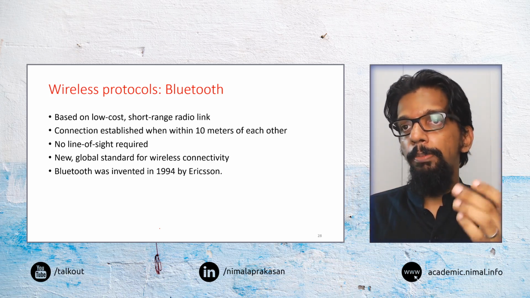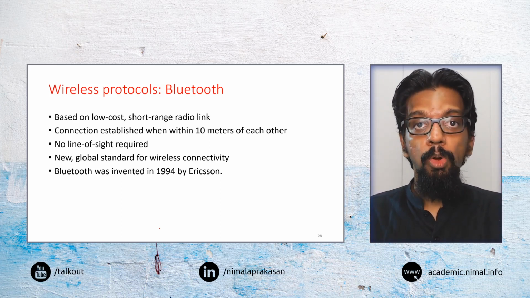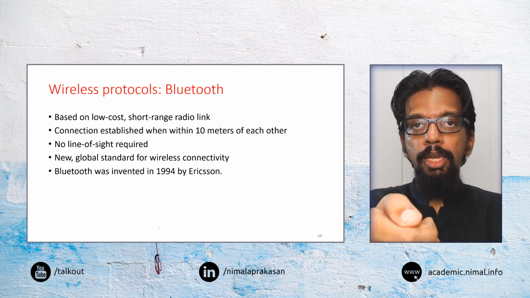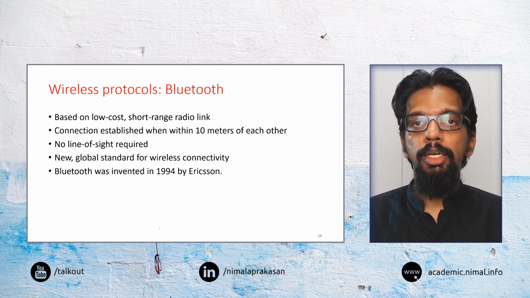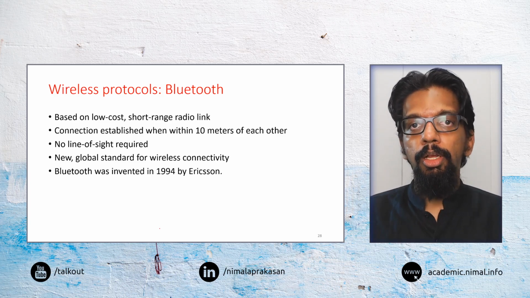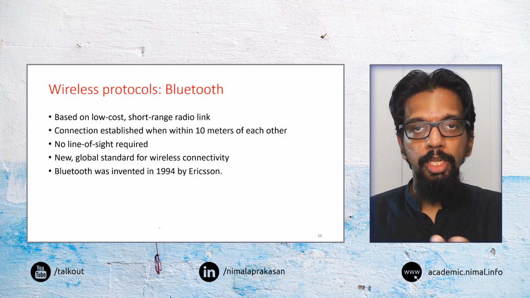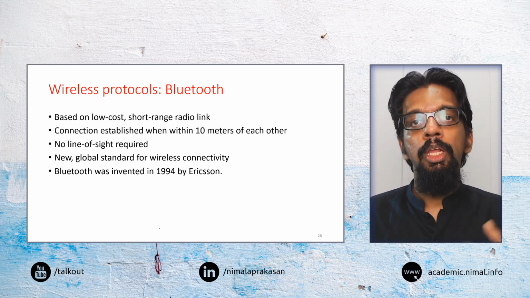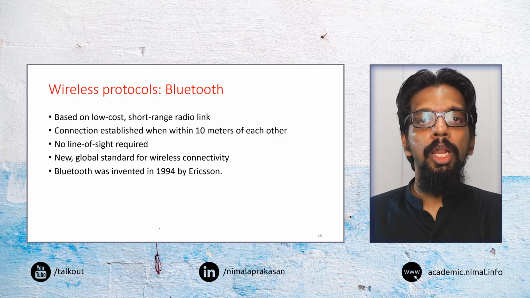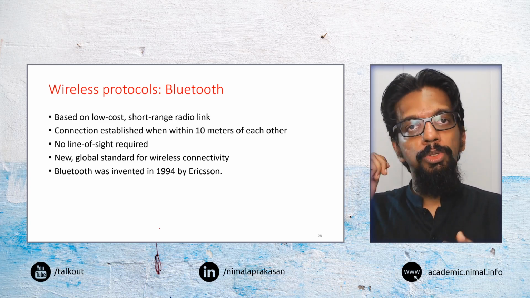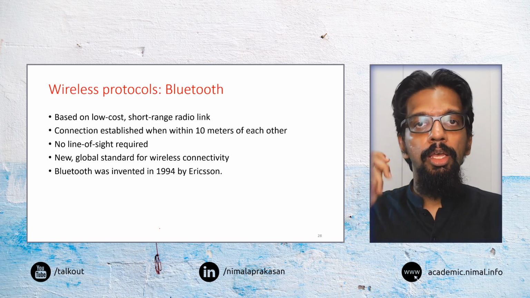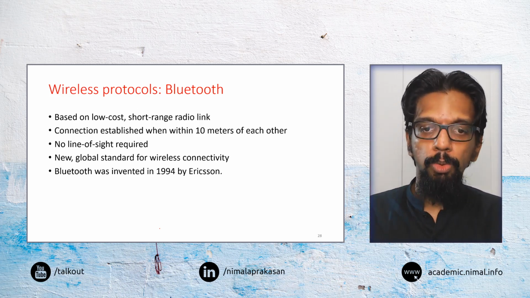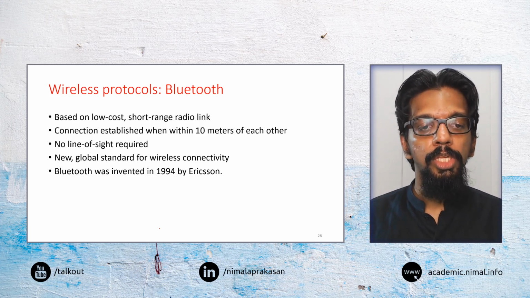For example, with your TV remote, you have to point the remote at the television to get the command going to the television. Whereas with Bluetooth, it doesn't have to be like that. You can use your Bluetooth earphone in your ears and have the phone in your pocket, and it would still work without direct line of sight.